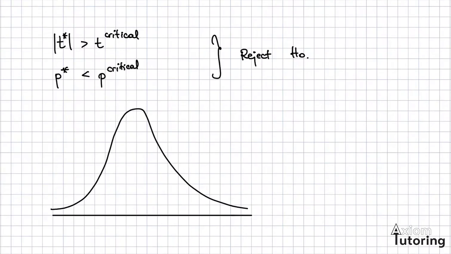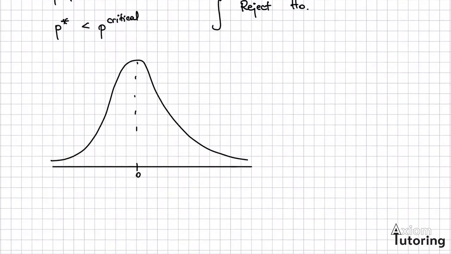So if this is your t distribution, 0, and let's say 1 and -1 here, -2, -3, then 2, 3.